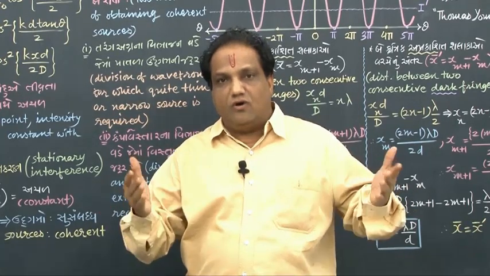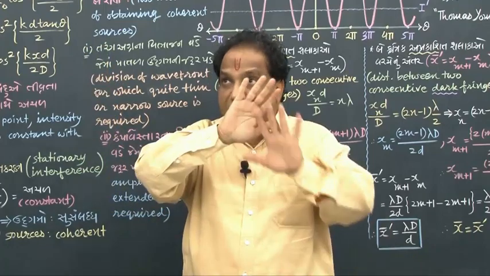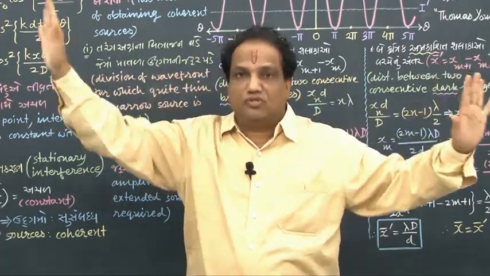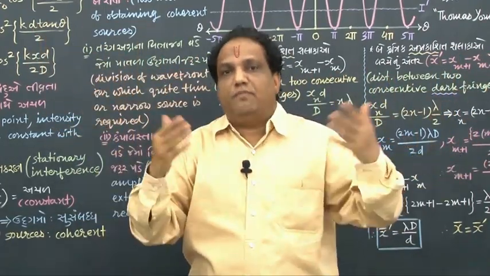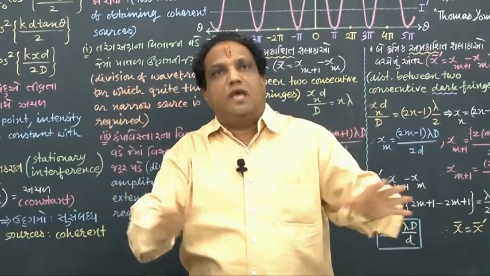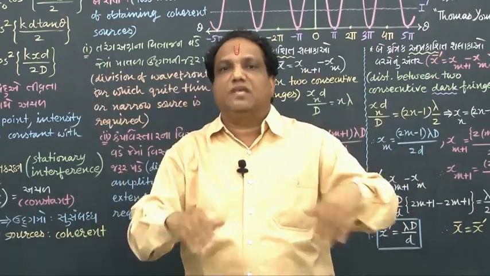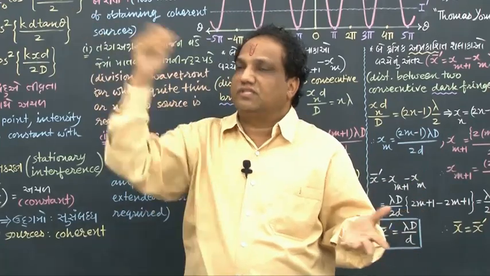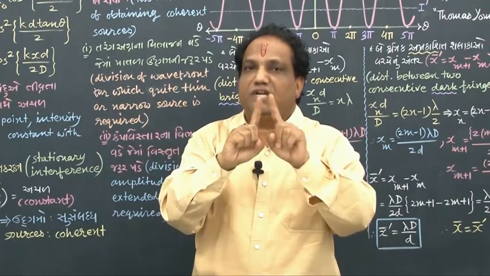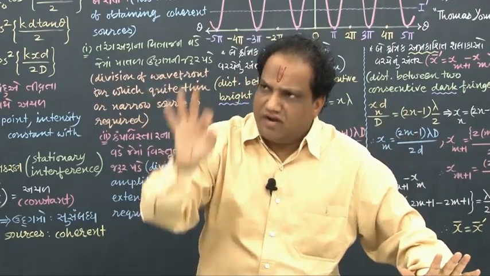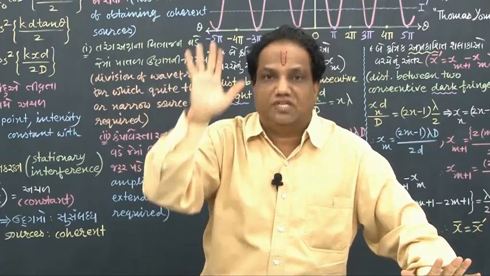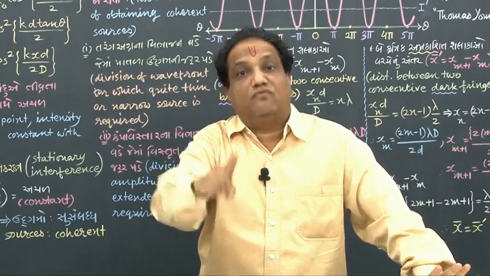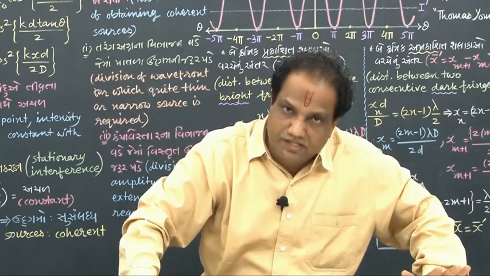That is why any observer will find average intensity of light at all the points on the screen or on the wall, and because he is finding average intensity and the pattern is remaining the same, he might be misguided that this is stationary interference. Actually, it is not stationary interference. At every point, intensity goes on changing with time because of a pair of non-coherent sources, correct?